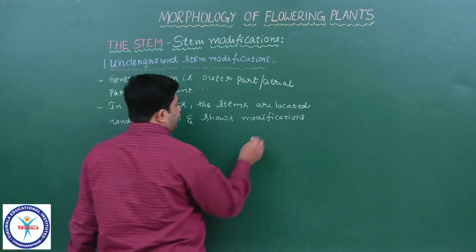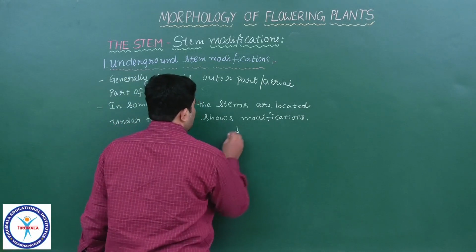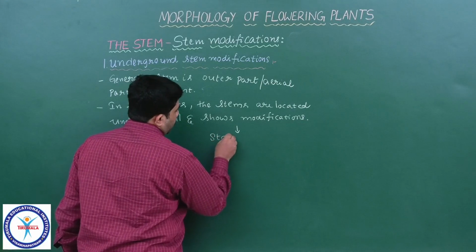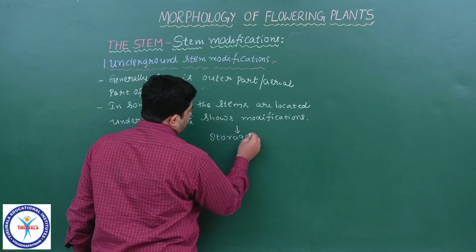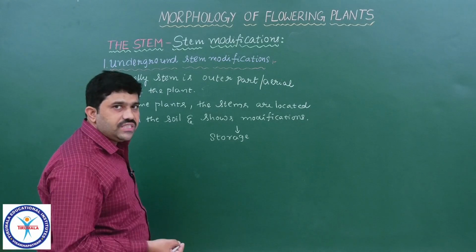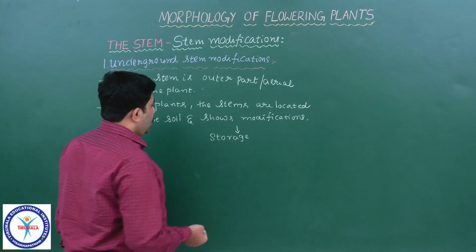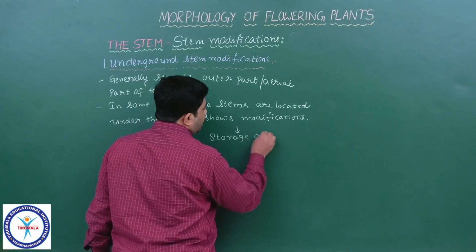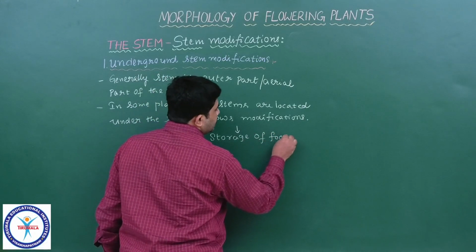These modifications are very important for storage of food. Especially the underground stem modifications shown in some plants are very familiar for storage of food materials.